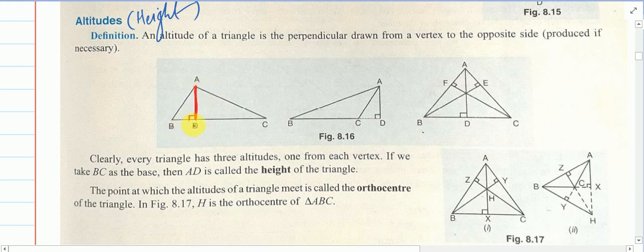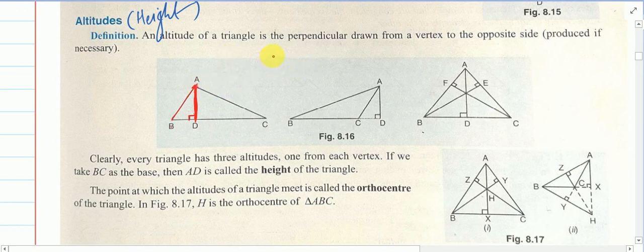Where BC is taken as base. If you are taking BC as base and then taking the altitude, this would be different from if you take AB as base.